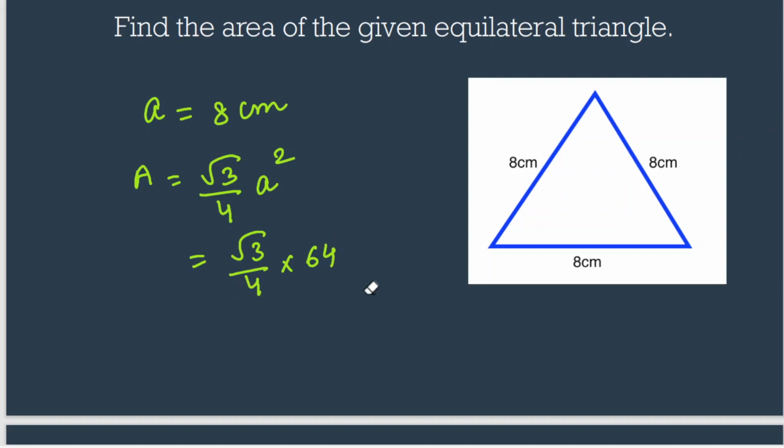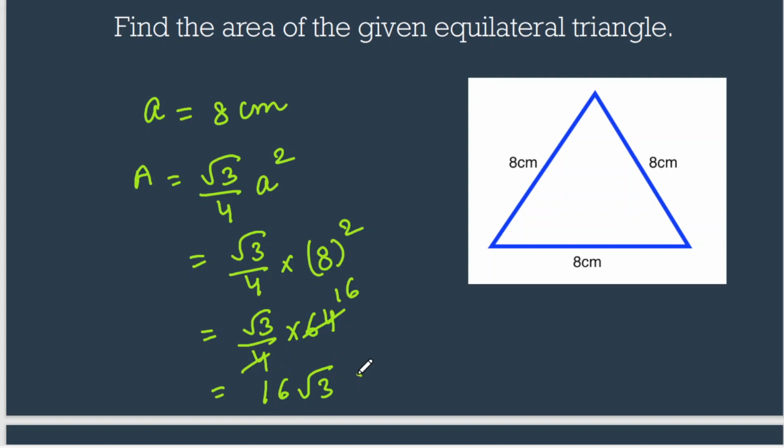If you are getting confused, let me write it. The length of the side of this triangle is 8 centimeter. So it is root 3 by 4 into 64. Now 4 will cancel by 16 times. So our answer is 16 root 3 square centimeter. Okay. Next.